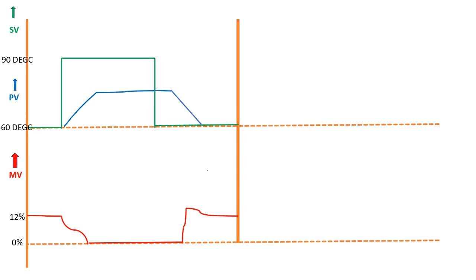And then again, as there is no error, there is no integral action, and the MV value remains constant. So as you can see here, there is a delayed response from the controller due to the windup.